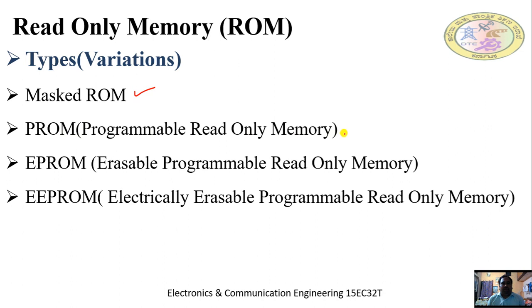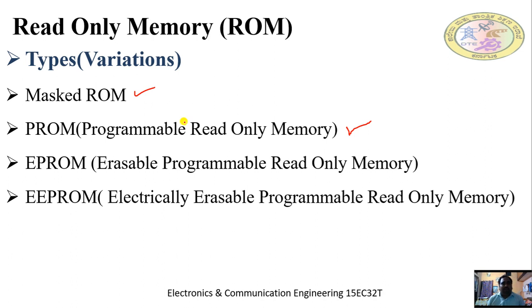In these two variations, they can be programmed only once, and once programmed they can be read many times as the user wishes. But the erasing option is not available. So once it is coded, the code will remain permanently. If you want to change the code, you have to purchase a new one from the market.